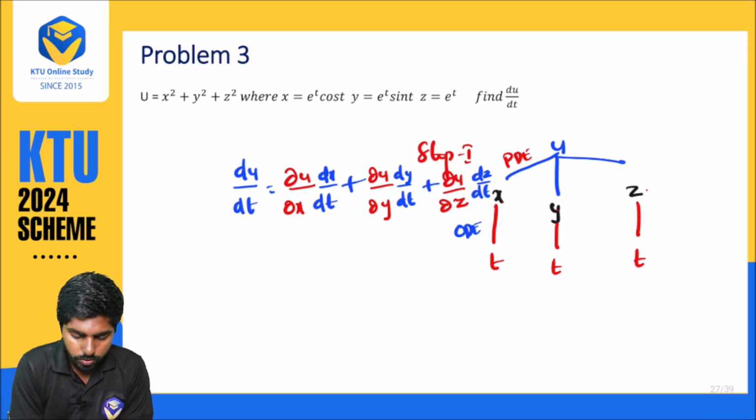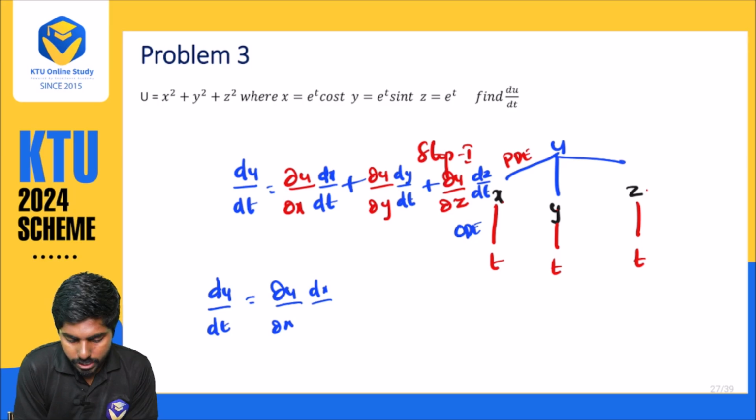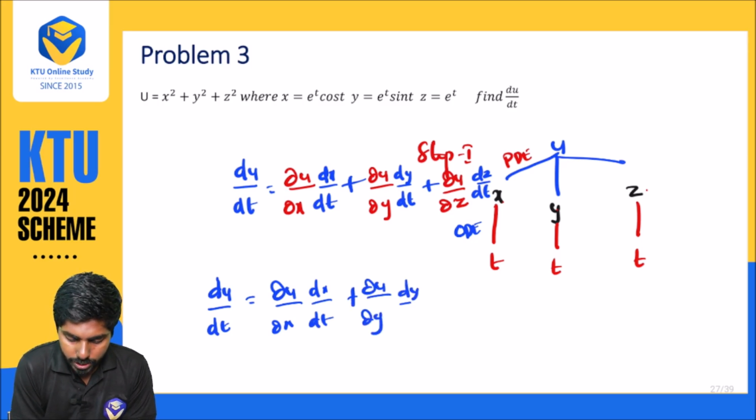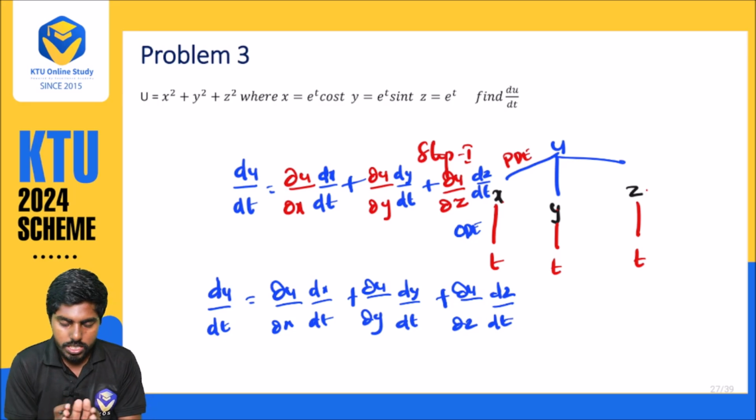So this is our required formula: du by dt is equal to dou u by dou x into dx by dt plus dou u by dou y into dy by dt plus dou u by dou z into dz by dt.